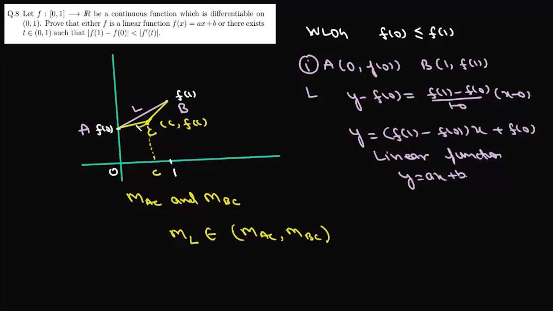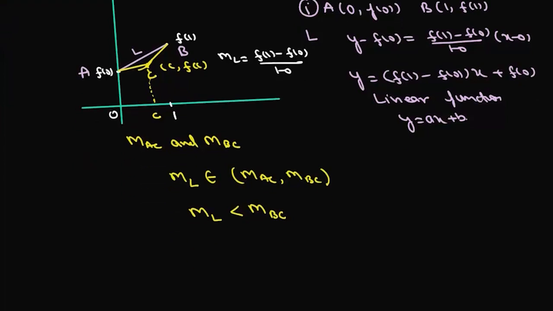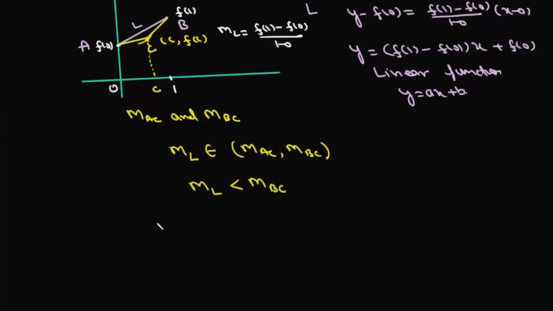Now in this case, slope of AC is less than slope of L and slope of BC is greater than slope of L. Now slope of this line is y2 minus y1 upon x2 minus x1, so it will be f1 minus f0 upon 1 minus 0.